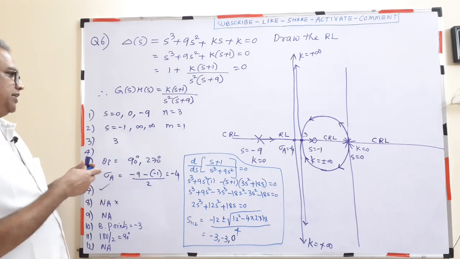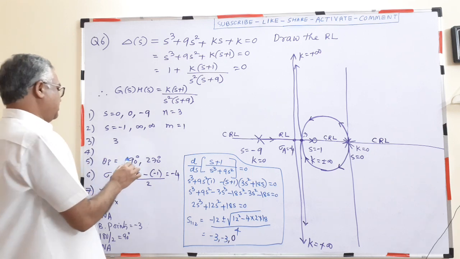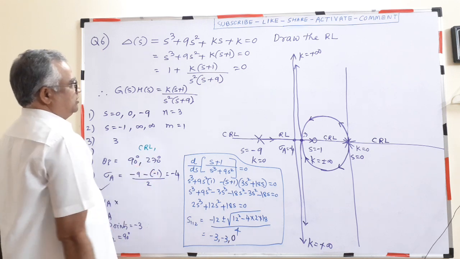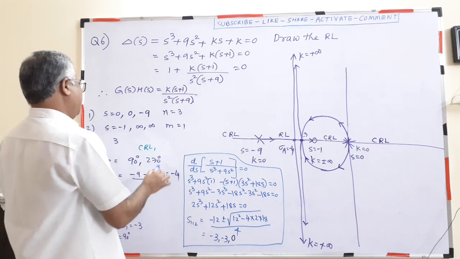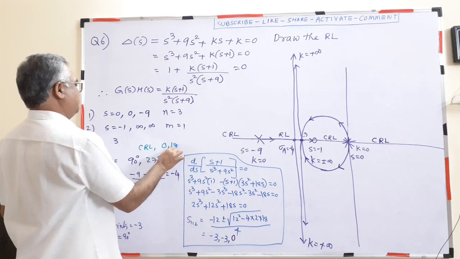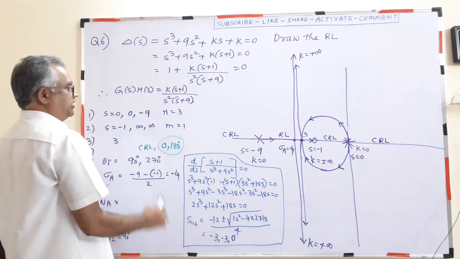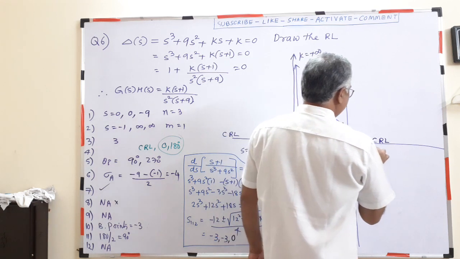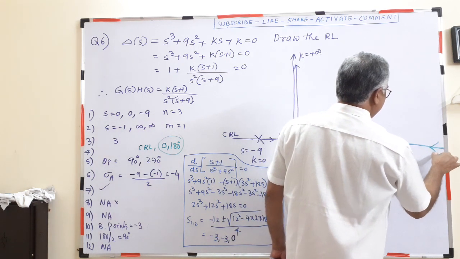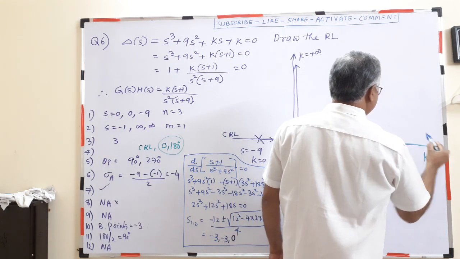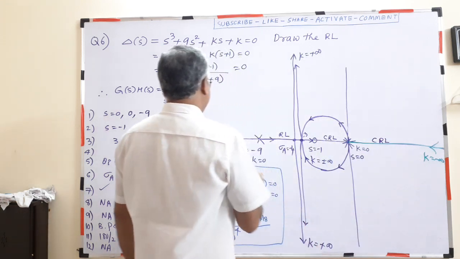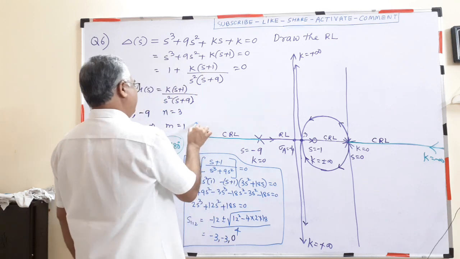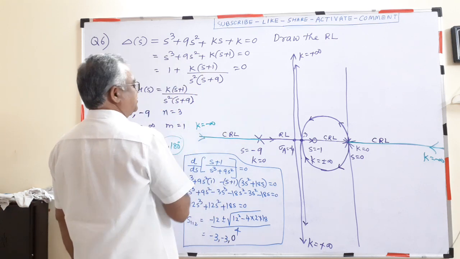If you are interested in the CRL, what are the CRL angles? CRL angles will be 0 and 180. So this is 0, coming from k equal to minus infinite, and 180 degrees, coming from k equal to minus infinite.